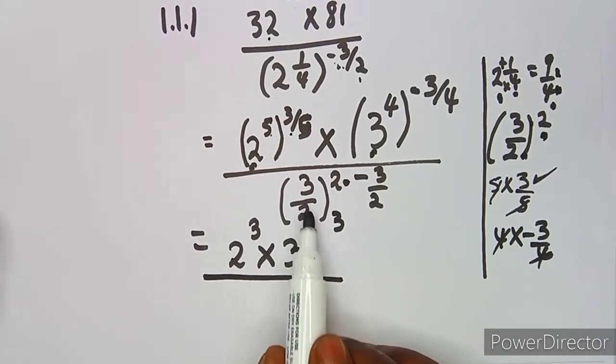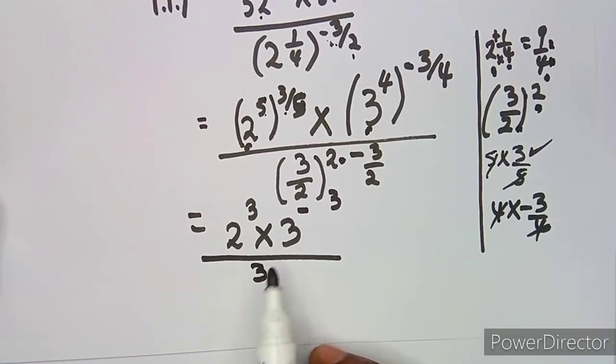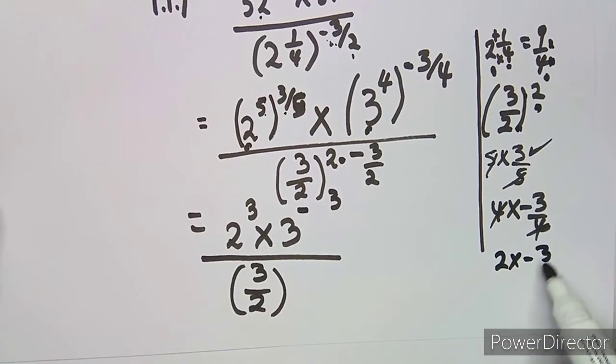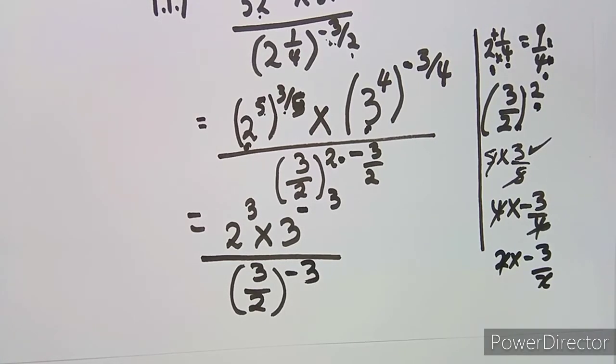Over this part we've got 3 over 2 to the exponent of, you multiply, 2 times minus 3 over 2, which is minus 3.